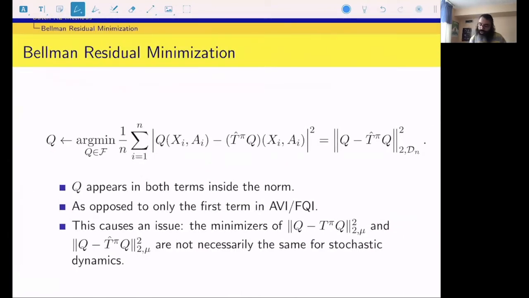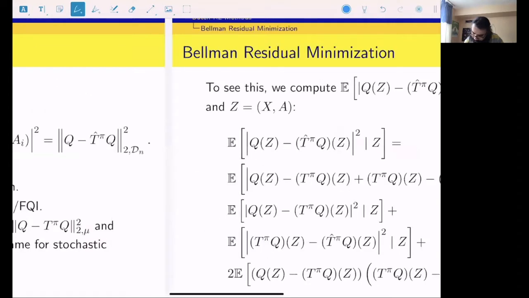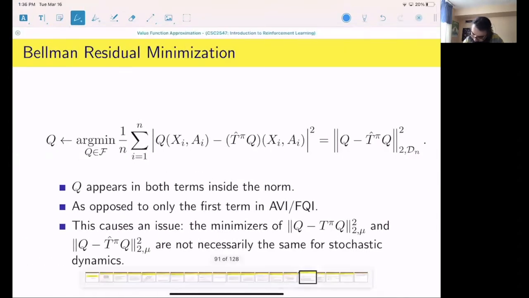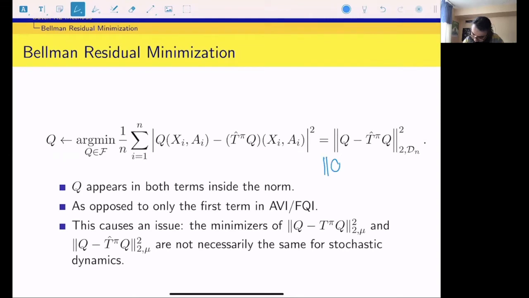But okay, one thing: if you compare it with approximate value iteration or fitted Q iteration, you see that there is only one Q appearing in approximate value iteration. The optimization would be Q minus T hat pi of Q_k for AVI, or fitted Q iteration.